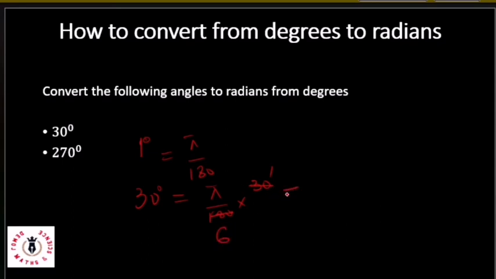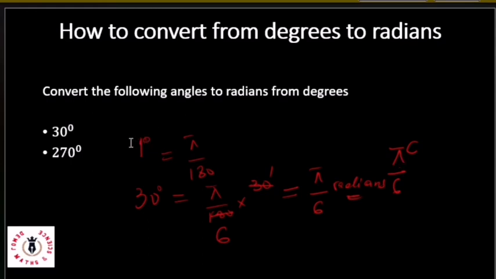So that 30 degrees is the same thing as pi over 6 in radians. You can denote it by writing radians in full, or you write it as pi over 6 and put a little c as a note for your radians.